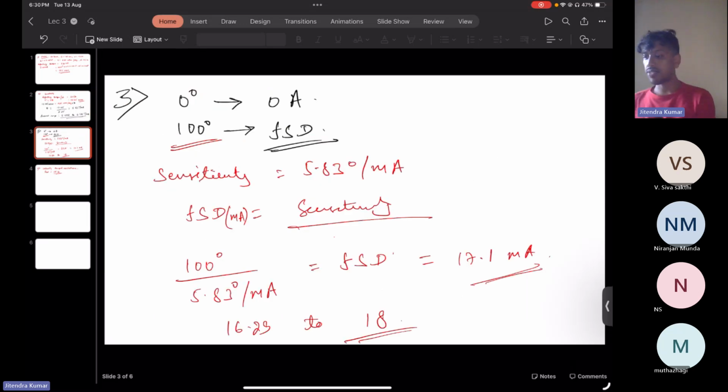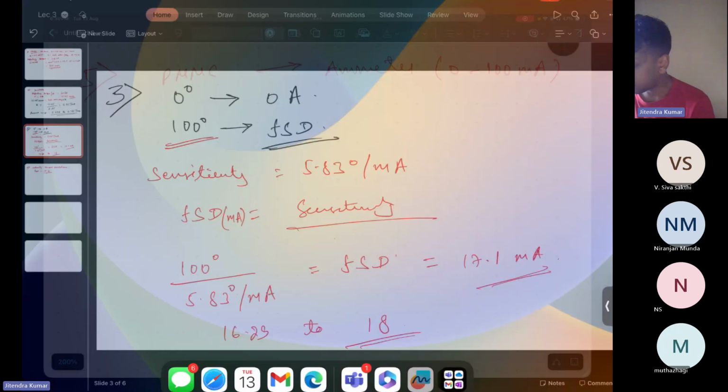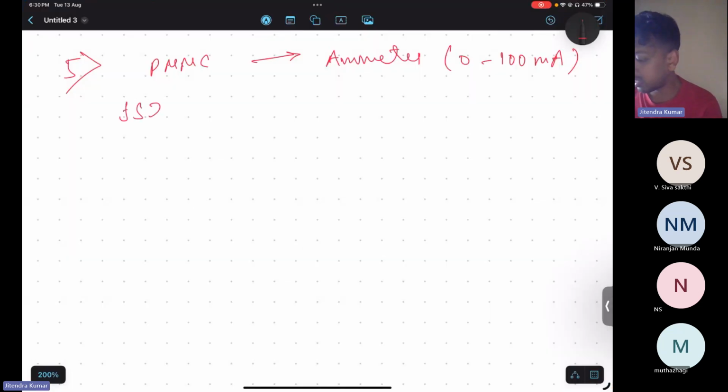So the full scale deflecting current we calculated was 17.1 milliampere, corresponding to 100 degree, isn't it?